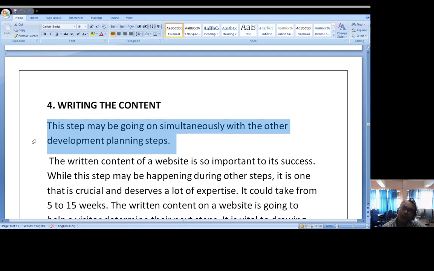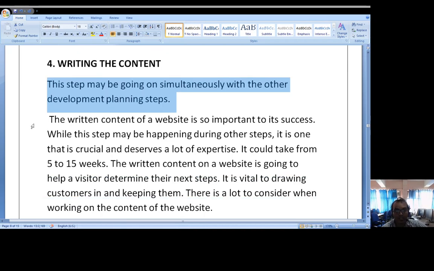So to get the exactness of the idea without diminishing its flavor and information building, we need to write down our understanding. That's what this step is telling us. This step may be going on simultaneously with the other development planning steps.